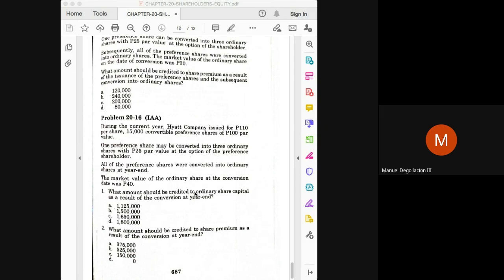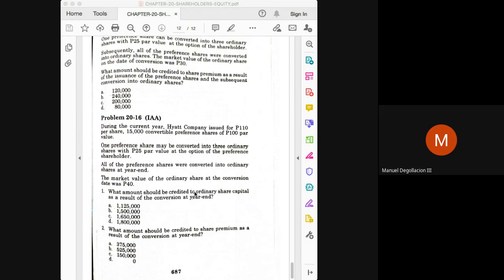So basically the same problem as problem 20-15, but different questions. Okay, how much was the total value of these preference shares? They were issued for 110 each, multiplied by 15,000 shares. That would be 110 times 15. Okay, a total value of 1,650,000. Okay, and then they can be converted into 3.